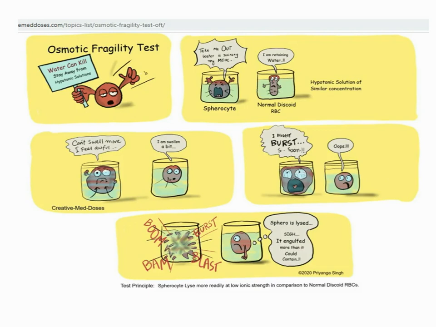Osmotic fragility is increased: hemolysis begins at 0.7 and completes at 0.4. The spherocytes are disrupted at 0.4 percent. Hypotonic solutions lead to rupture of the RBCs; spherocytes are lysed and engulfed in hypotonic solutions. This is the osmotic fragility test.